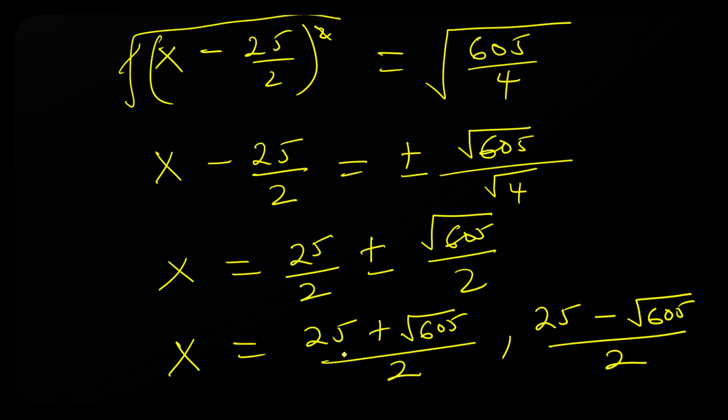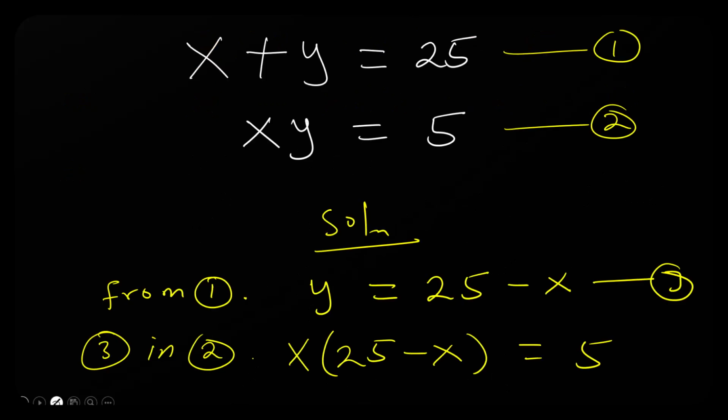Okay, now let's look for the y values since this one is for x. So let's go back as we record this. Okay, y equals 25 minus x. Y equals 25 minus x.